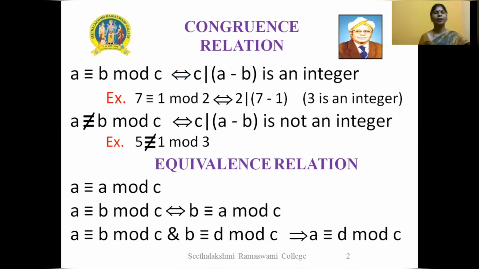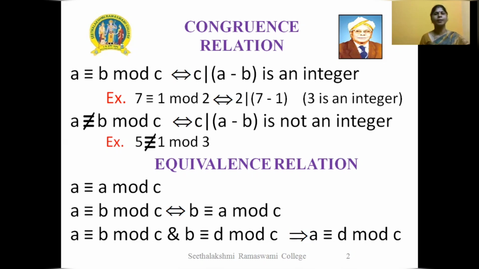In a similar way, A not congruent to B modulo C if and only if C doesn't divide the difference of A and B. That means A minus B divided by C is not an integer. For example, 5 not congruent to 1 modulo 3, because 3 doesn't divide the difference of 5 and 1.